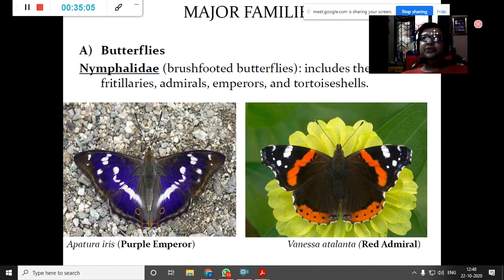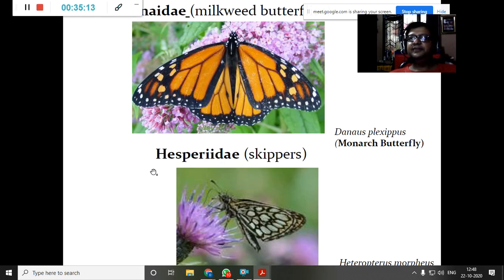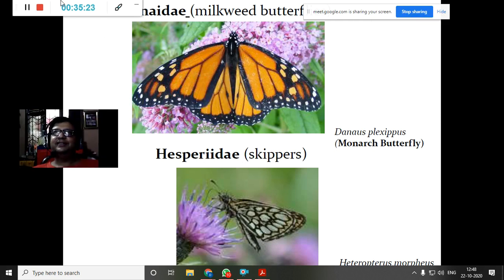So some beautiful butterflies. The purple emperor, the red admiral, skippers, then the heteropterus. This is the monarch butterfly. This you have seen a lot.